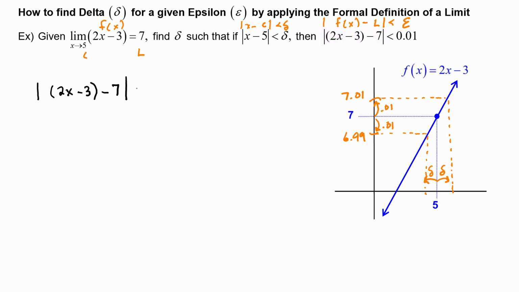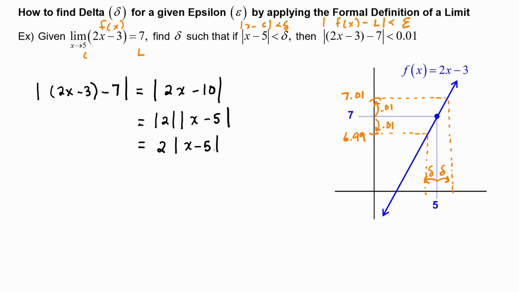Now, if we simplify that, we see that that would equal the absolute value of 2x minus 10. Now, this can be factored. We can take out the absolute value of 2 and take that times the absolute value of x minus 5. We know that the absolute value of 2 is 2.